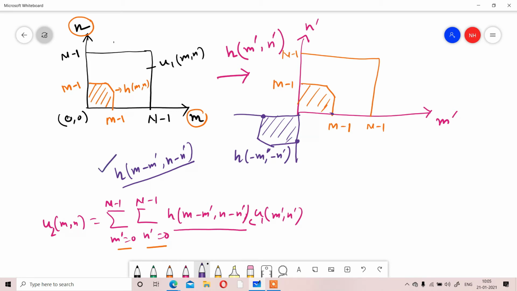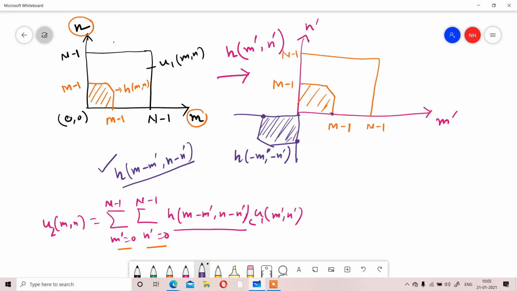So from h of minus m', minus n', if we try to calculate h(m minus m', n minus n'), it means you have to map that h(minus m', minus n') structure to the point m, n. If we consider m, n a single point, suppose 0, 0, you have to map that h(minus m', minus n') to the point 0, 0.